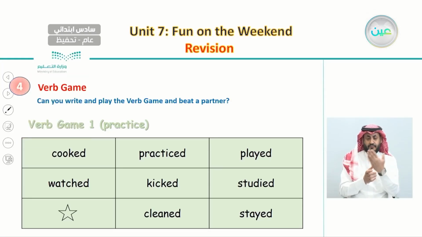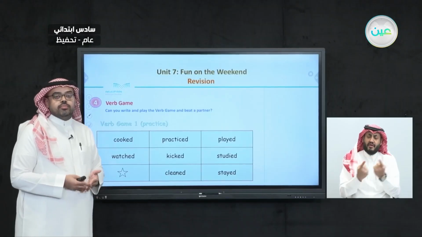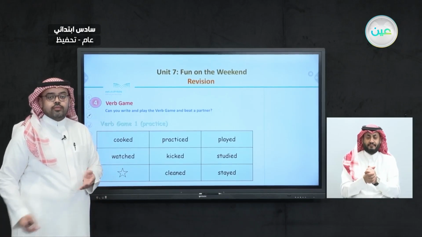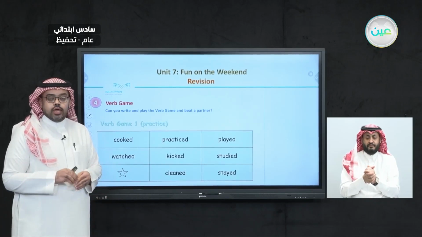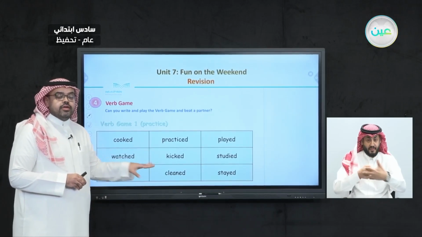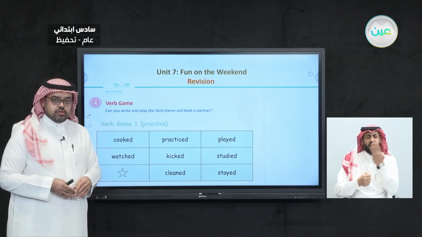When we play this game, I ask you to imagine that you have a partner in front of you, maybe your classmate, a family member, or a friend of yours. All you had to do is have him look at this table and then you read a couple of sentences.